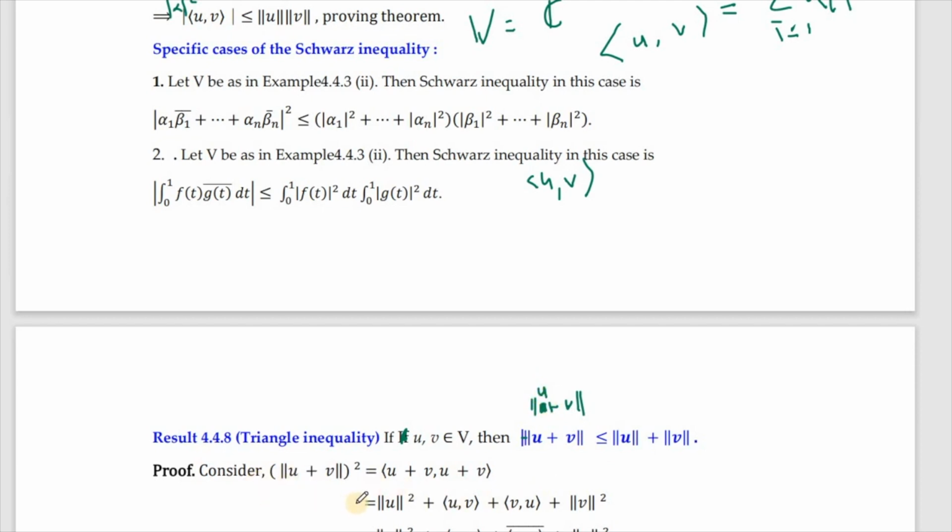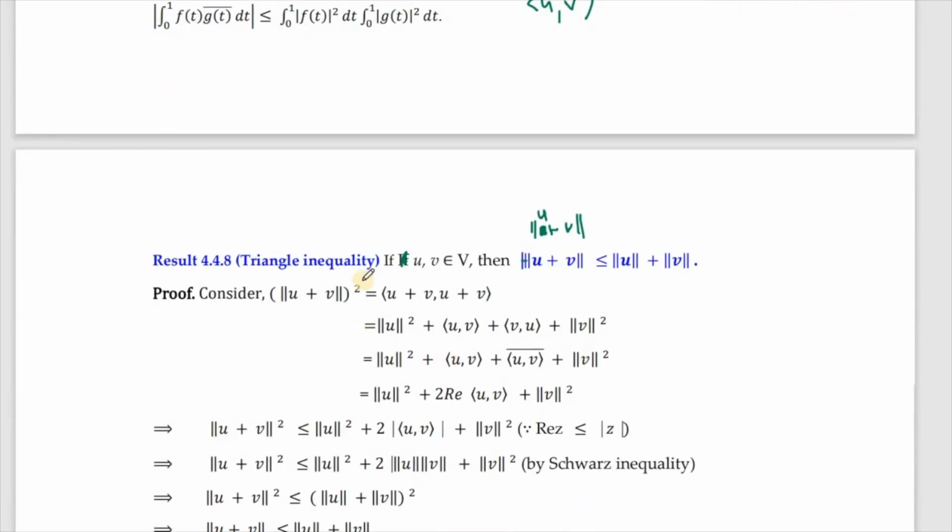So we consider norm of u plus v the whole square, which is inner product of u plus v with itself, and we know how to expand this: two terms, altogether four terms, and this is rewritten in this way. So we know that this is twice the real part of z, that is inner product uv, plus norm v square.